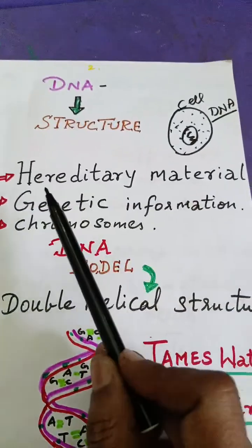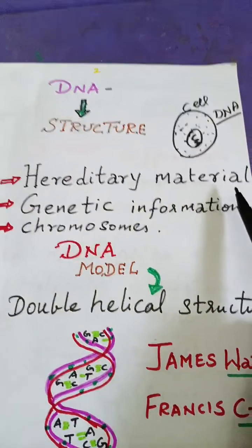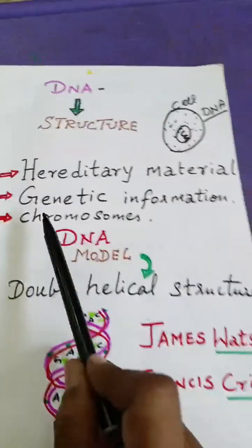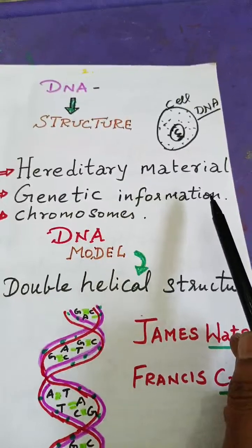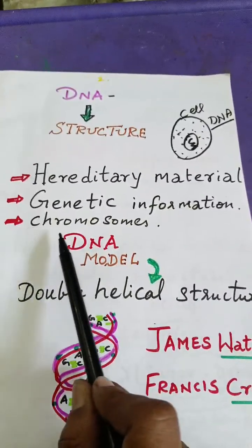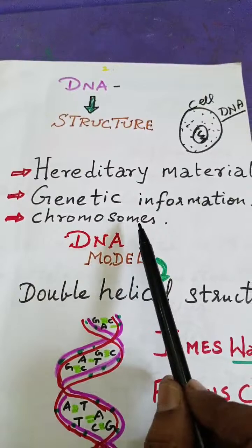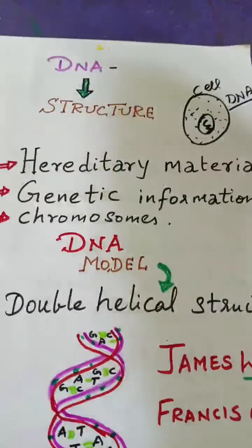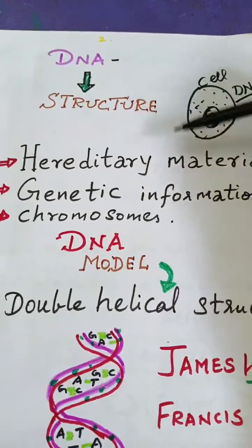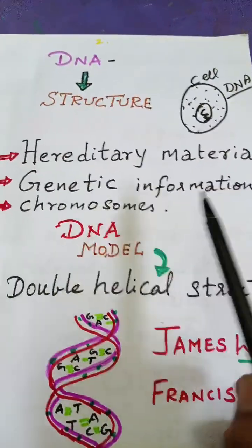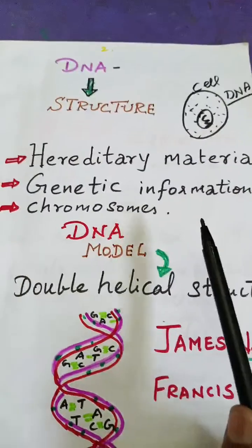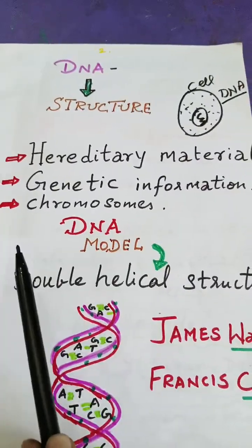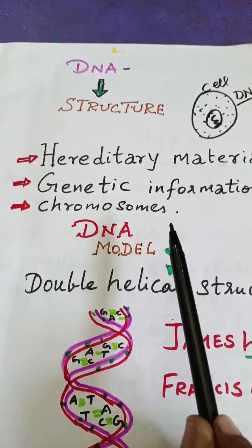That's why it is called a hereditary material. It contains the genetic information, and it is the important constituent of the chromosomes. Understood? So that's an introduction to DNA structure.